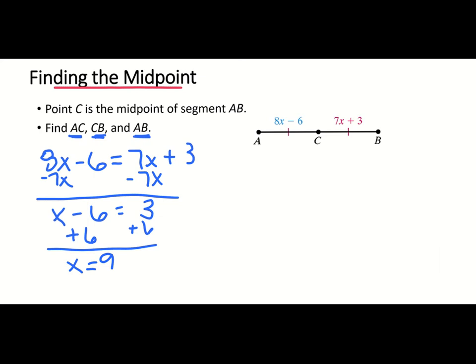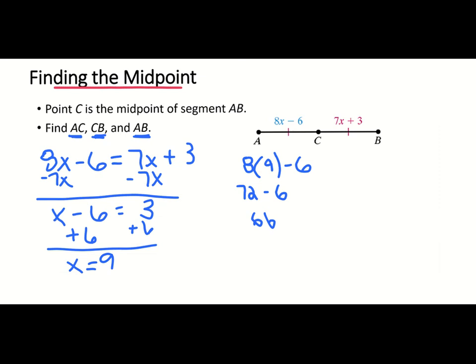So if I know x is 9, for AC, I can do 8 times 9 minus 6. I know that 8 times 9 is 72, and 72 minus 6 is going to give me 66.